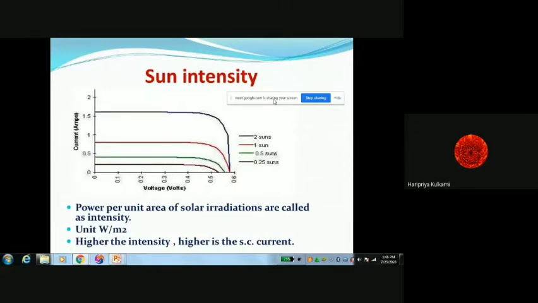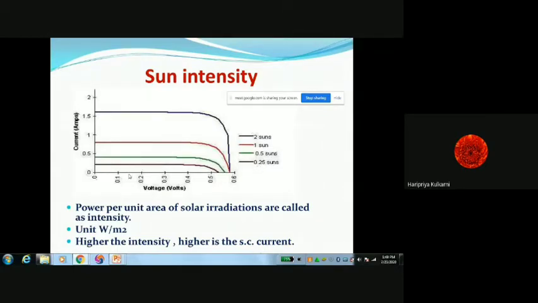So the higher the intensity, definitely we will get more current from the panel and we will achieve more power. Current is more, so we can extract more power from the solar panel. Here I have taken an example: say 0.25 sun means what? It is clouded or some shadows are coming and we are getting only 25% of solar irradiation.